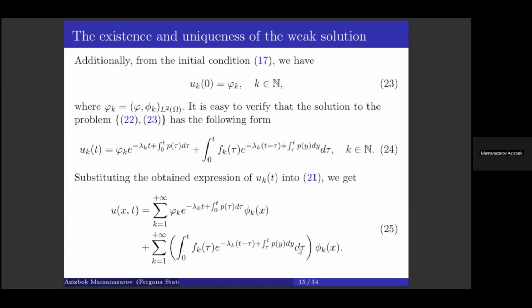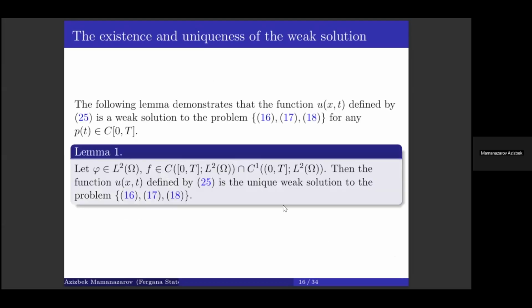But we assume here p of t is a known function. And if p of t is a known function, this is the solution of our problem. Next, we proved that under these conditions, this solution will be a weak solution to the problem for any continuous p of t.